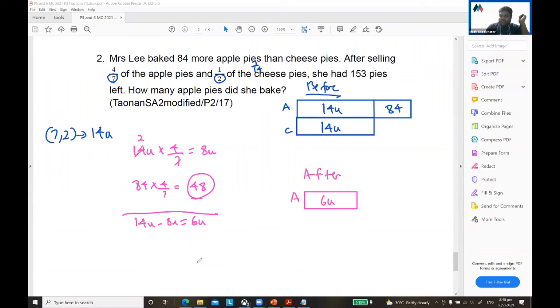And then 48 over here, right? So from the 84, can you minus 48? So you will get 36. So draw here, 36.